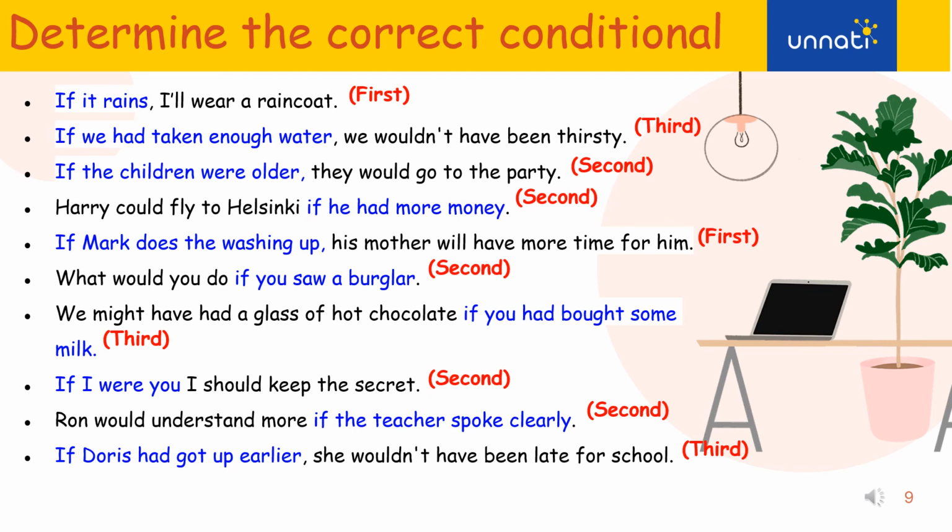What would you do if you saw a burglar? So second conditional. We might have had a glass of hot chocolate if you had bought some milk. So we might have had, past perfect, if you had bought. So third conditional.